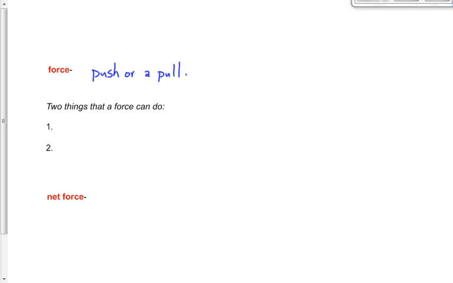Now, I suspect when you learned about forces in grade 5 or grade 6, you didn't learn about what a force can do. There are two things that a force can do to an object. Number one, it can accelerate the object.